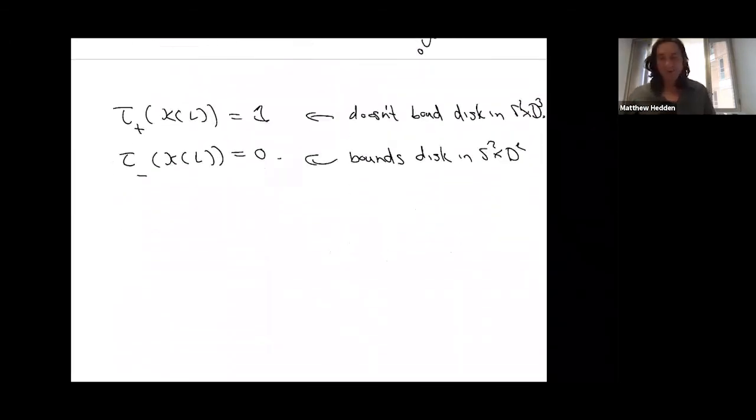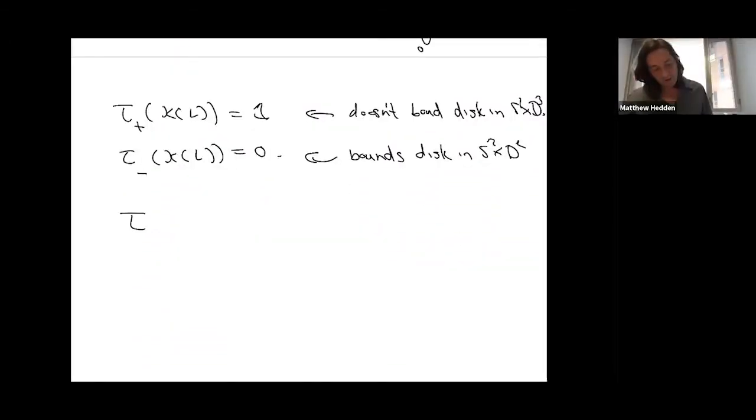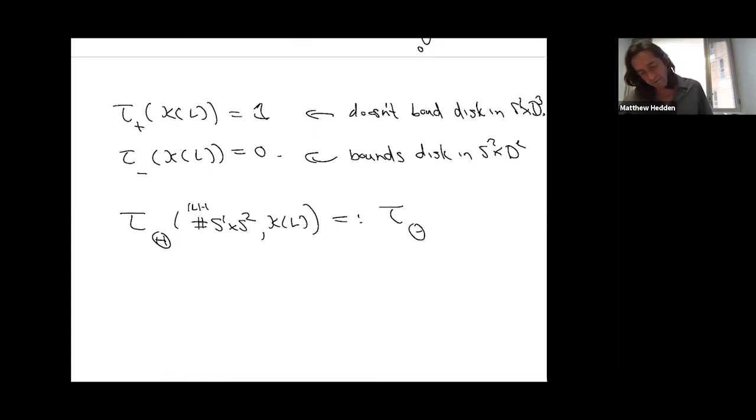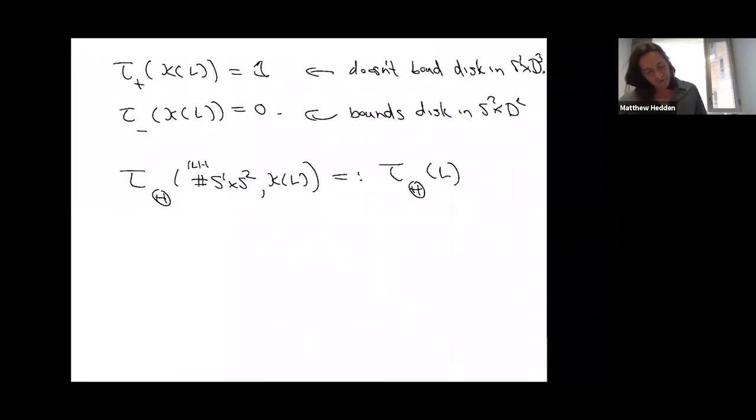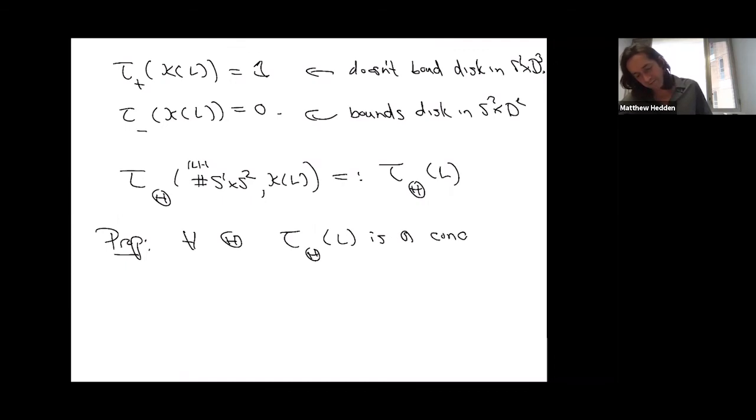The key features of this process are that I get invariants, one for every Floer class in S1 cross S2, or the connected sum thereof. I'll define those to be tau theta of L. For any theta, tau theta of L is a concordance invariant of the link inside the 3-sphere.